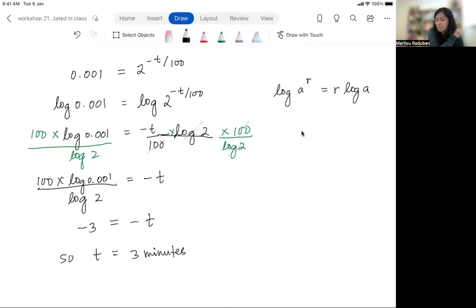Oh wait, I think this is not equal to 3. Log 0.001 divided by log 2, times 100, is actually negative 996.6.